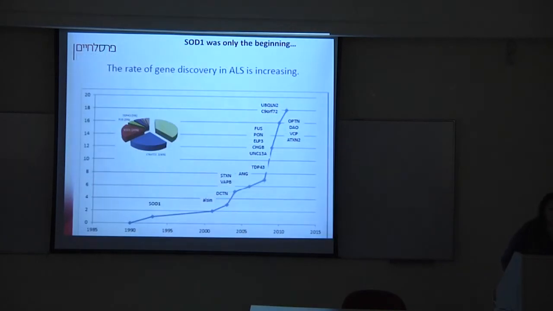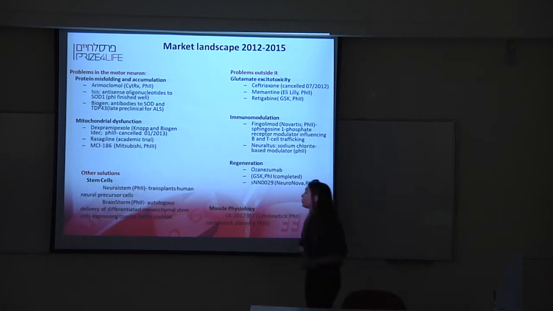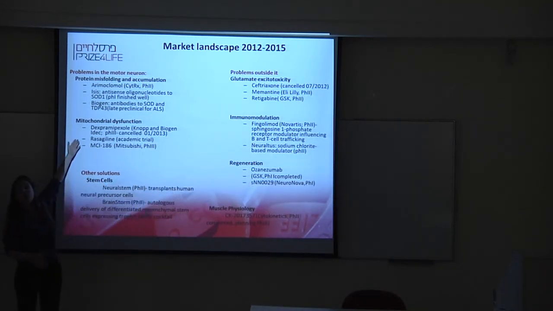So you now have enough understanding of the disease to actually develop drugs for ALS, because this is really what we see if you look at the landscape of drug development for ALS. We see exactly this sort of level. So some people focus on mitochondrial dysfunction.